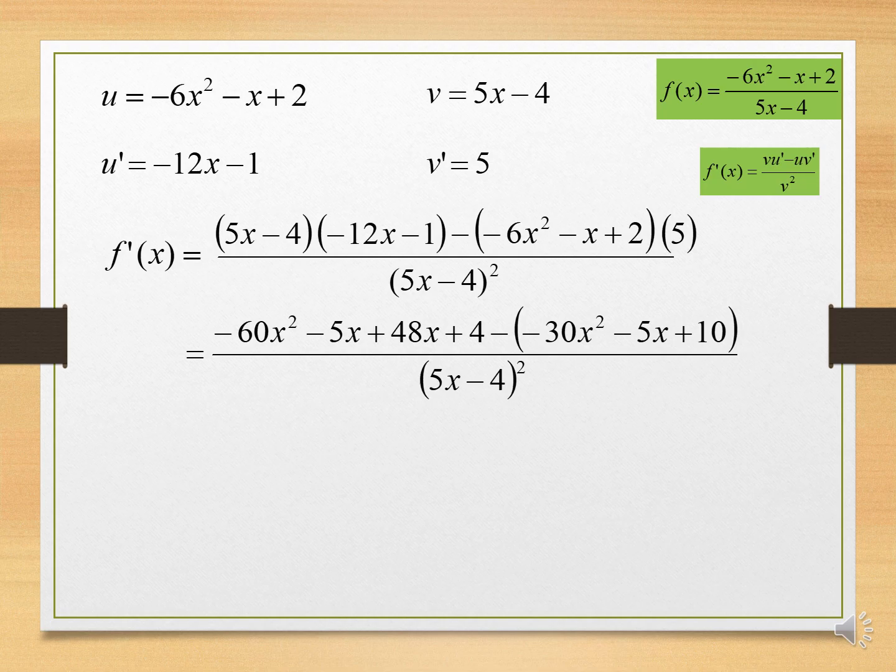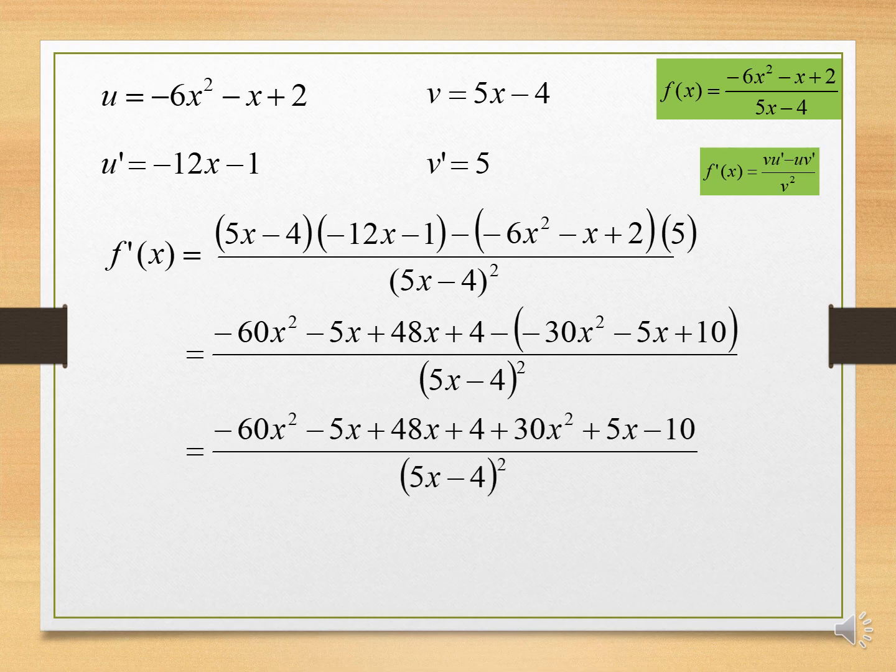Here we expand the bracket again, so you get the full expansion. Then we simplify again, and we get the answer as negative 30x squared plus 48x minus 6 over 5x minus 4 squared.